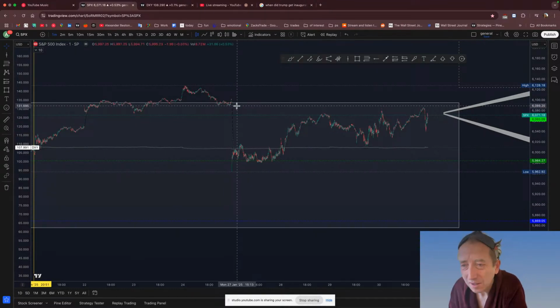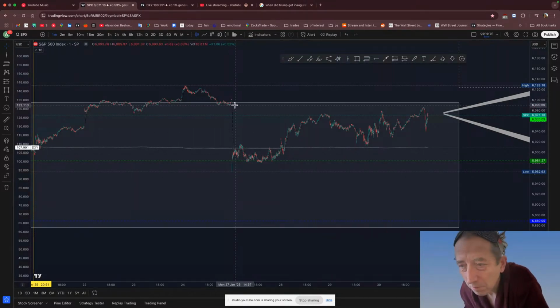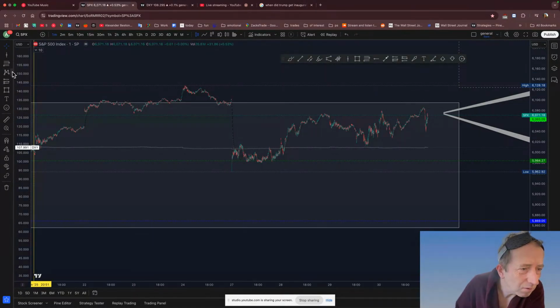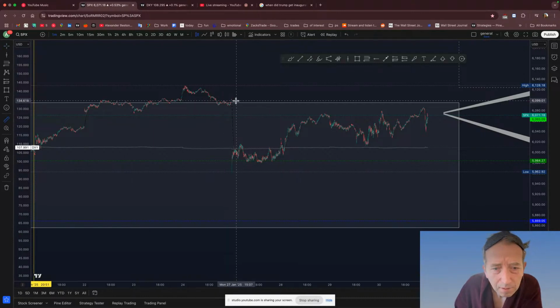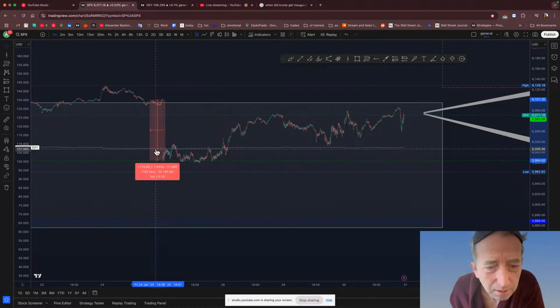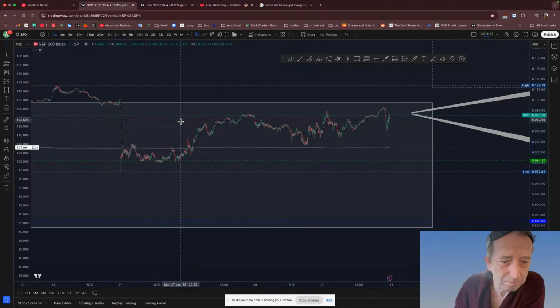We had a massive pullback, 90. What's the difference between those two? Exactly. 116. Okay. Near 2% drop.